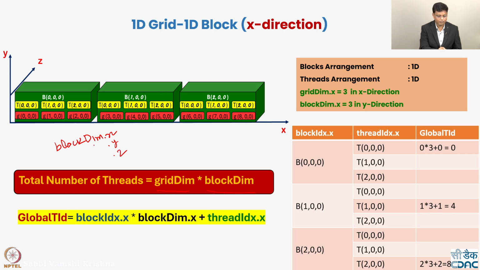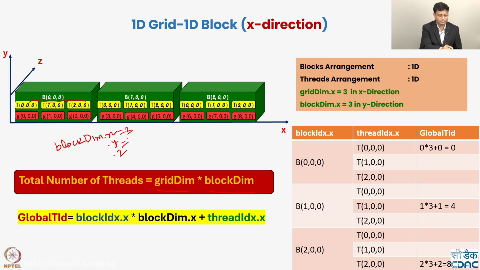When you see blockDim.x, that is basically the number of threads within a block. So, in the x direction, you can see that there are 3 threads. So, this value is 3.